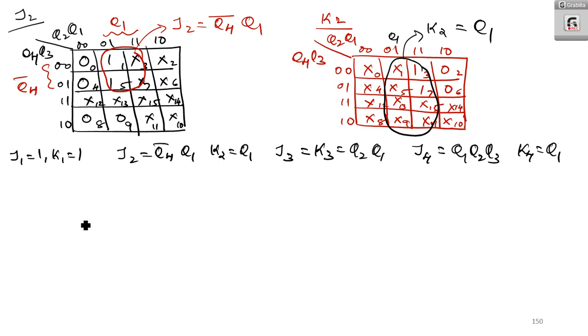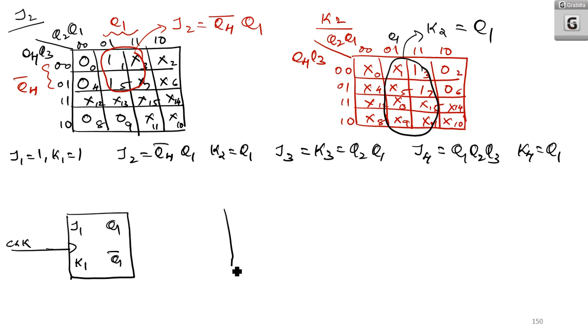Okay. Now let me draw the logic circuit. First I will start with J1 K1 and having the clock. This is Q1 bar. Then J2 K2, Q2 bar. Same clock is applied here.